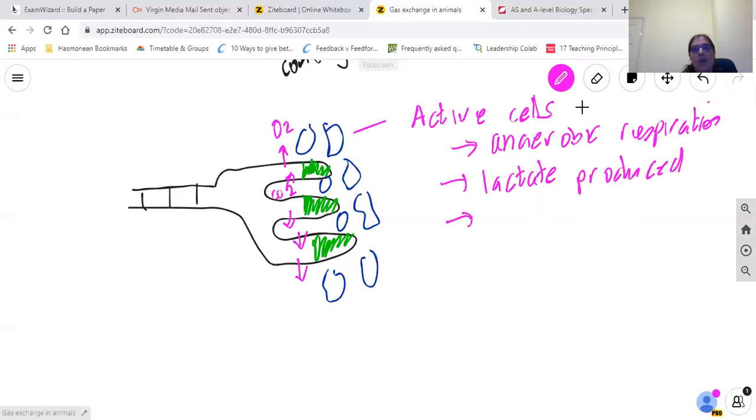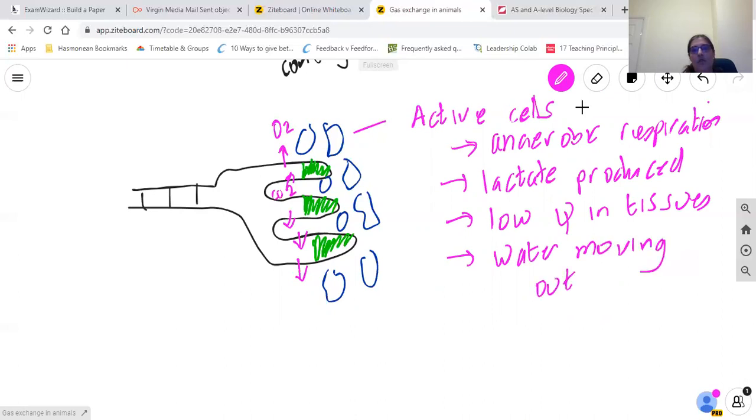That's going to lead to a low water potential in the tissues, and that leads to water moving out of the tracheoles, which means that you end up with less fluid.